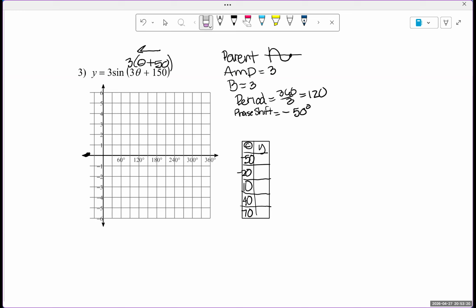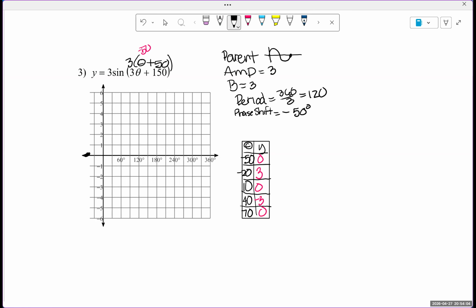Okay, so let's plug negative 50 in for theta. And we get 0. Plug in negative 20 and we get 3. 10, 0, 40, negative 3, and let me guess, 70 is 0.